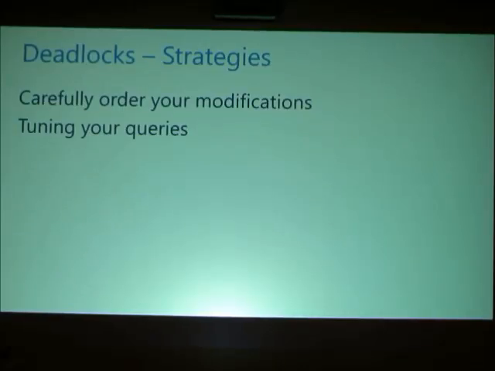For two reasons. When you tune your queries, say you apply an index, which means your query is processing less data. It's looking at your index and only looking at a small set of rows, and your query returns faster. It means you're locking fewer things, less chance for conflicts. Also, the duration that you're holding these locks is much shorter.